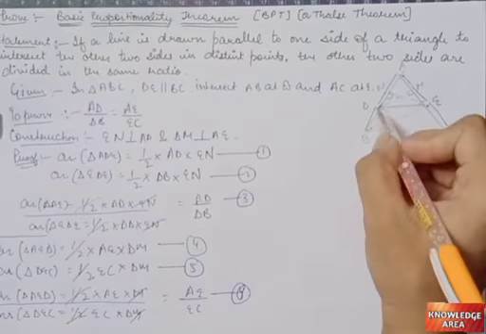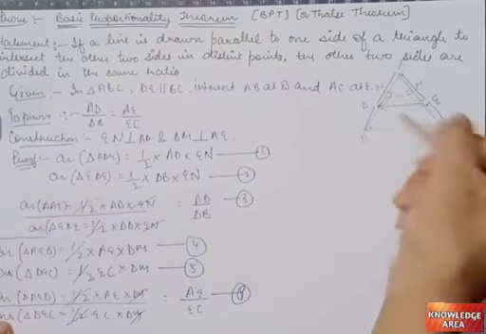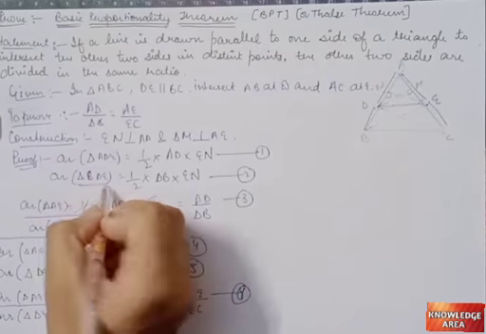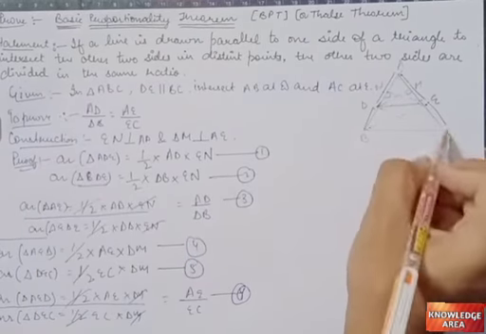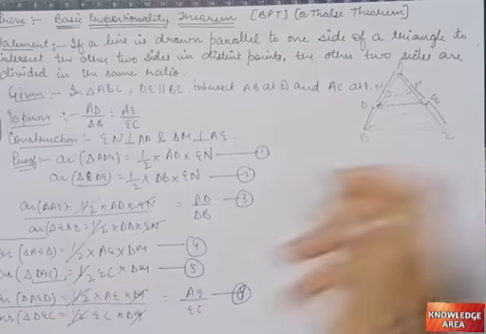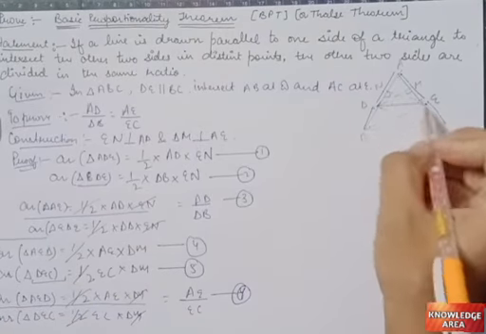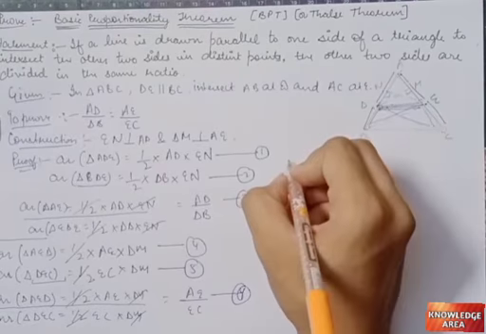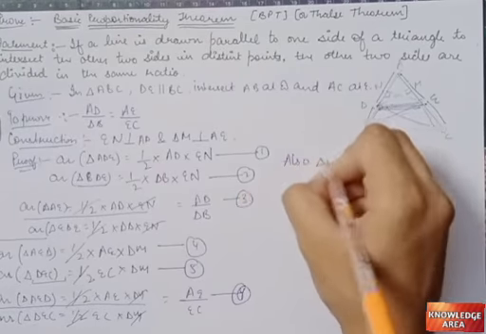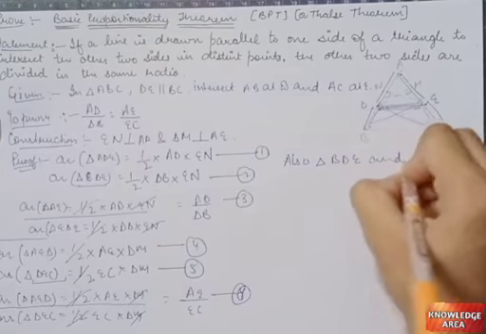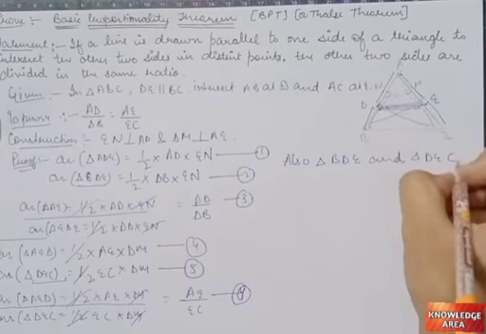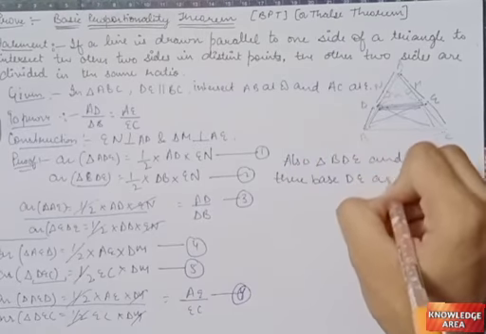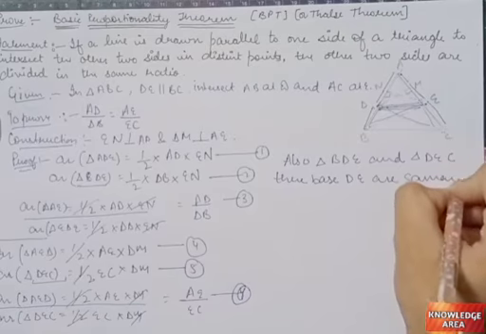Now first we take BDE, and second one DEC. What is common in these triangles? First this triangle, and second one is this. Common is DE, so we will write that in triangle BDE and triangle DEC their base, which is DE, is the same in both.